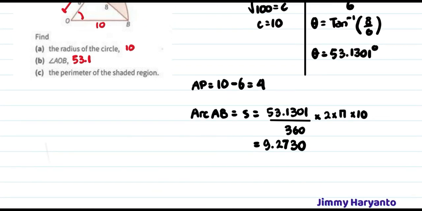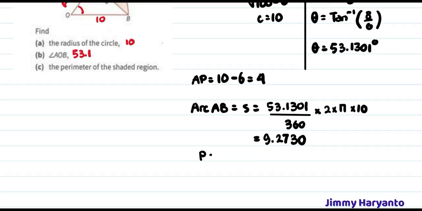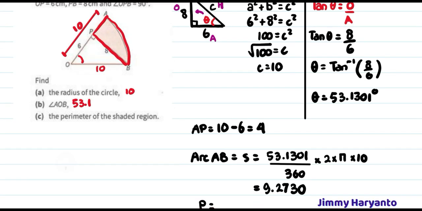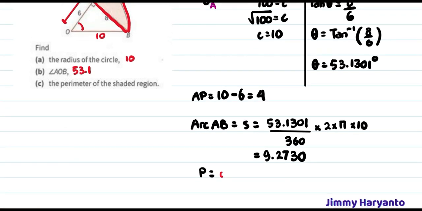And then find the perimeter. That means you only have to add this one, add the 8, add the 4, and add the arc length. So the perimeter equals 8 plus 4 plus 9.2730, and the answer is 21.2 in 3SF. It will be 21.3.